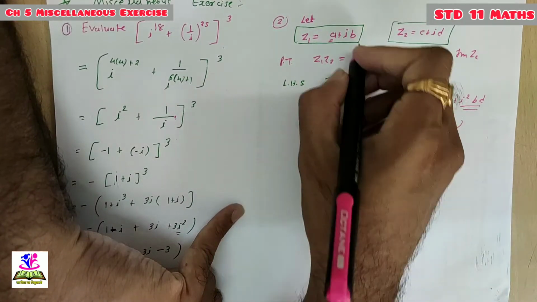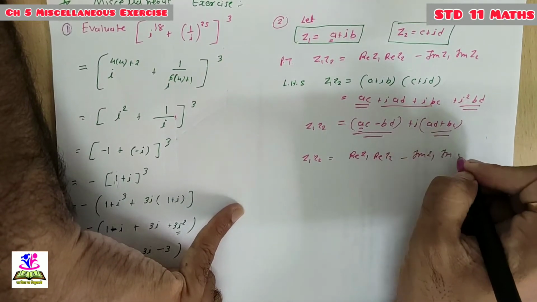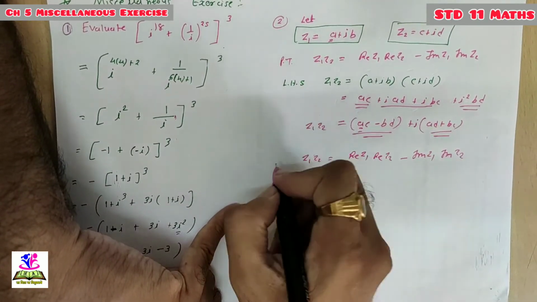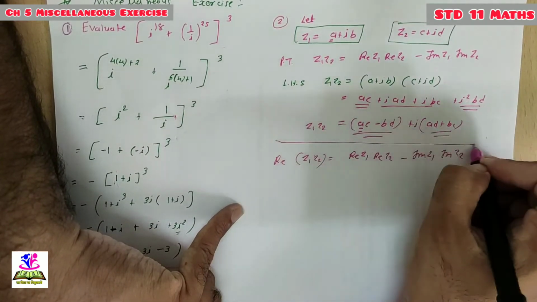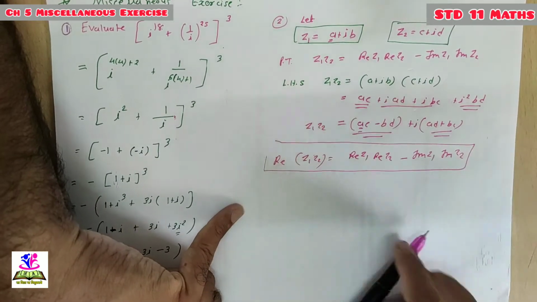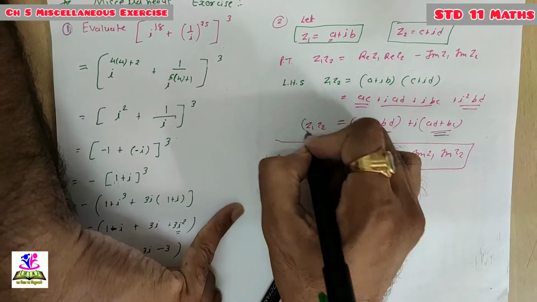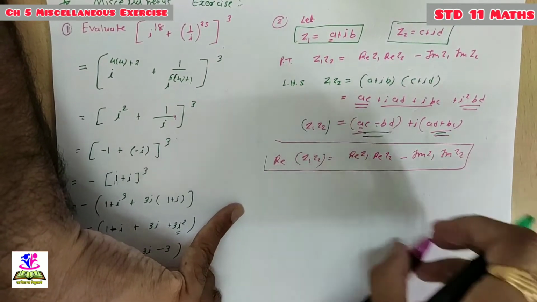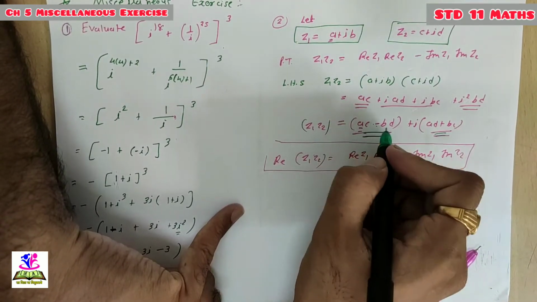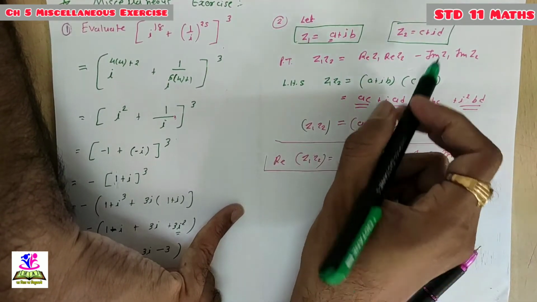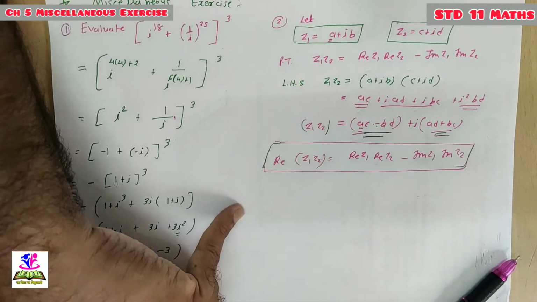Minus b, b is imaginary z1. d is imaginary z2. So this is the real part of z1 z2, and this is the imaginary part. So the real part of z1 z2 is ac minus bd, where a is real of z1, c is real of z2, minus b is imaginary of z1 and d is imaginary of z2. This we have to prove. Clear?